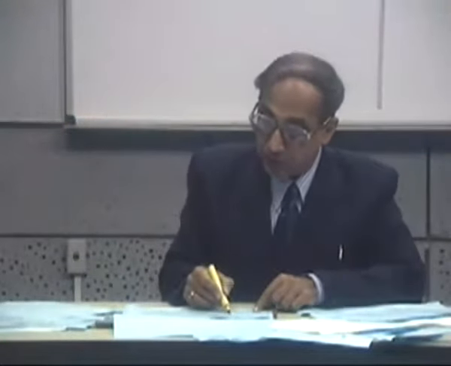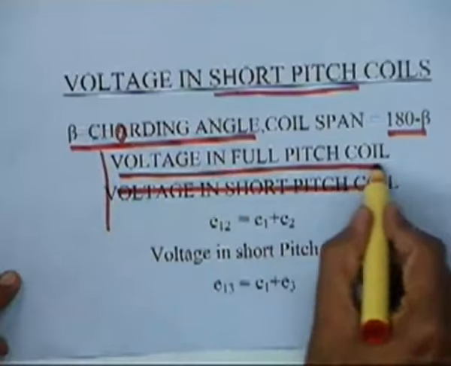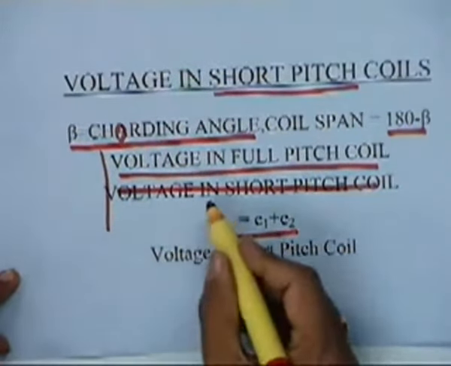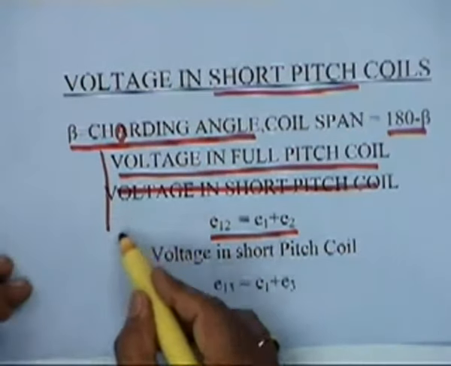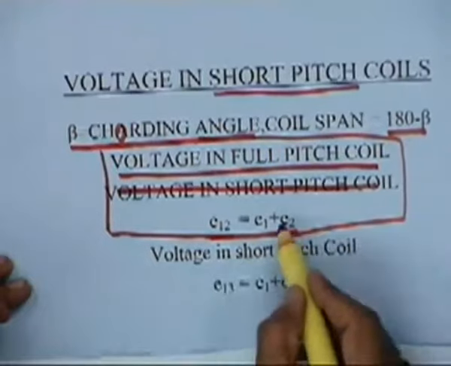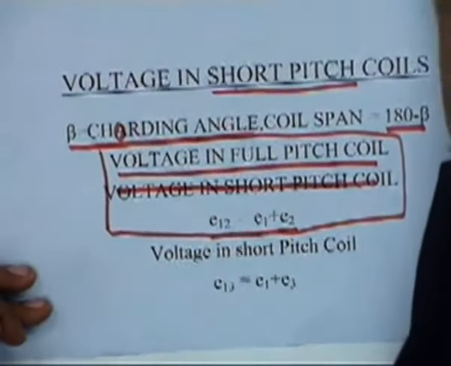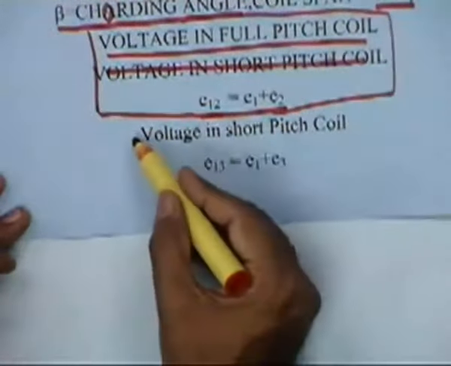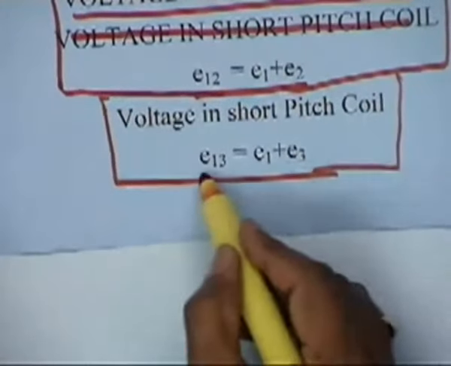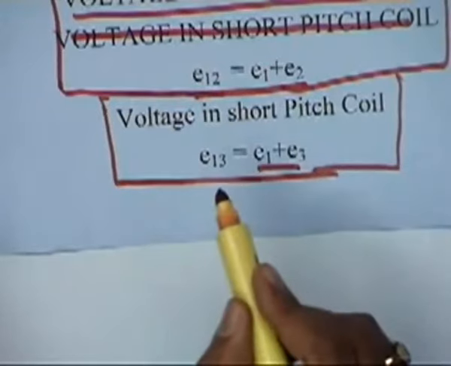we will say that the voltage in a full pitch coil is E12, that is E1 plus E2, as shown here. Now the voltage in a short pitch coil will be this, that is E13, that is E1 plus E3.